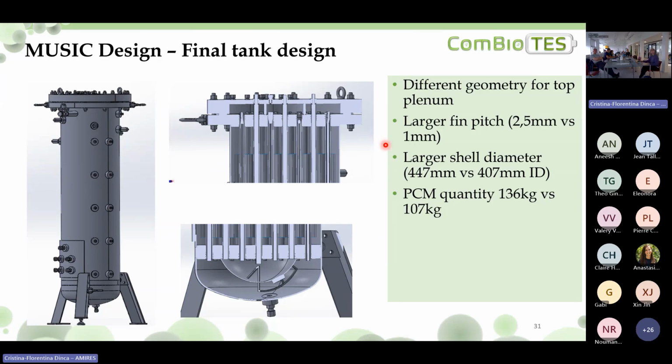So the fin pitch was increased to 2.5 millimeters. And also we had a larger shell diameter because of standard dimensions of shells. As a conclusion, the quantity of PCM in the storage is higher in the demonstration than what was planned initially.